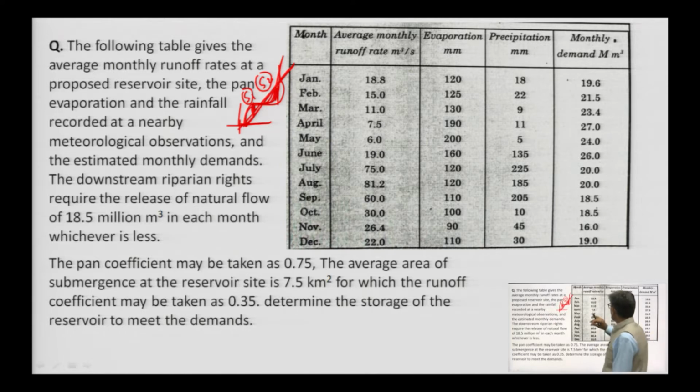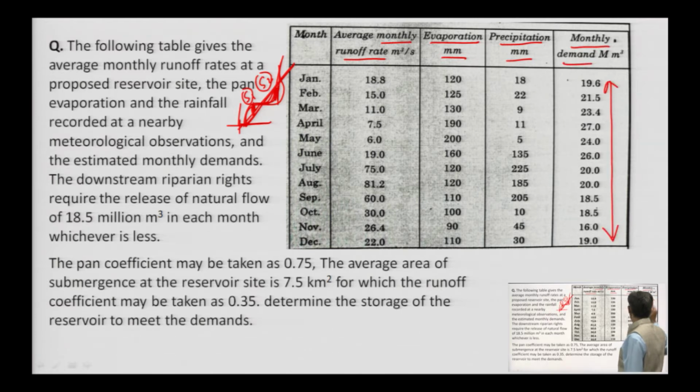So, in this example, the month-wise average monthly runoff discharge has been given, and evaporation in mm is given, which is the loss. Precipitation is given. Monthly demand is mentioned over here.